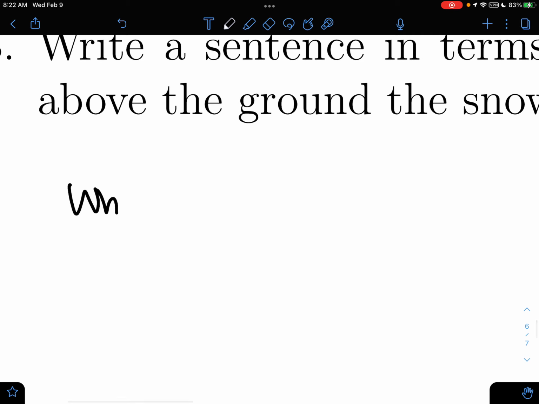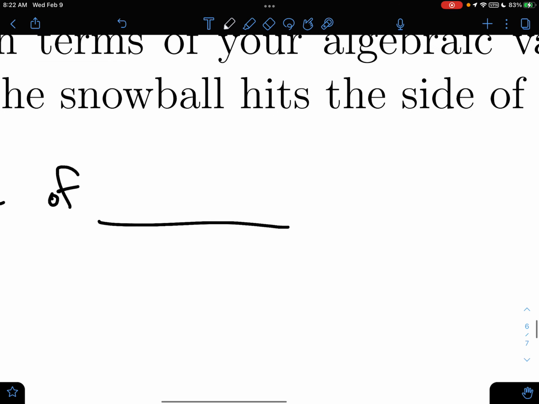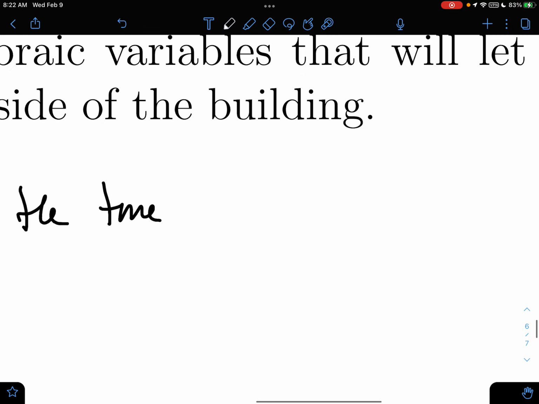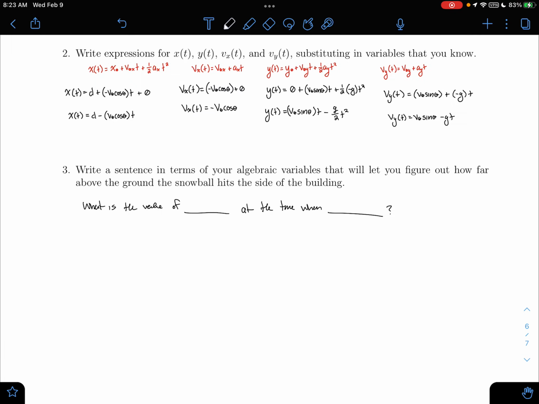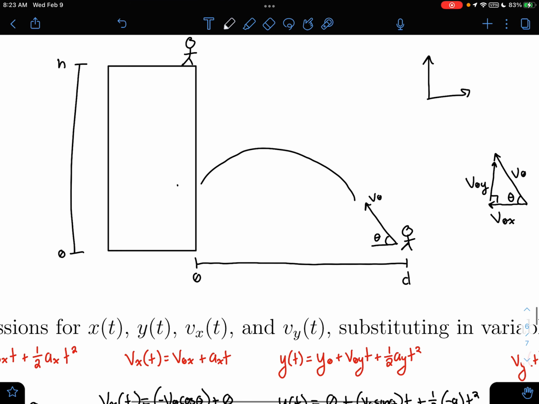So what is the value of blank at the time when blank is true? We're asking for how far above the ground the snowball hits the side of the building. That's going to be like this distance, so that's going to be our value.